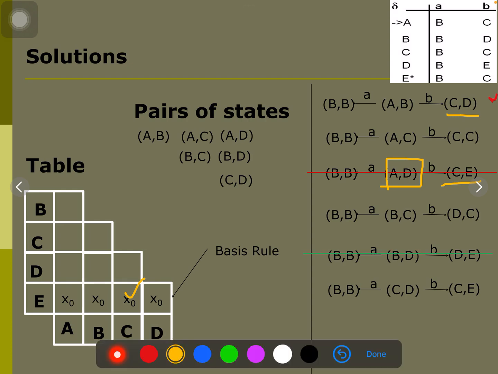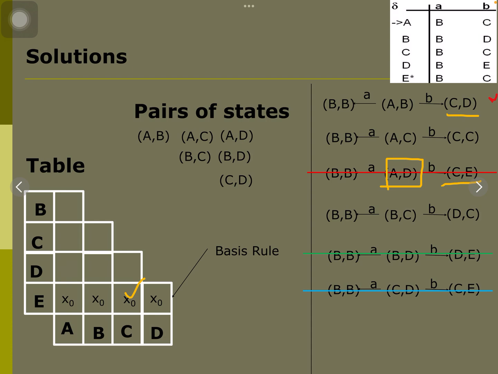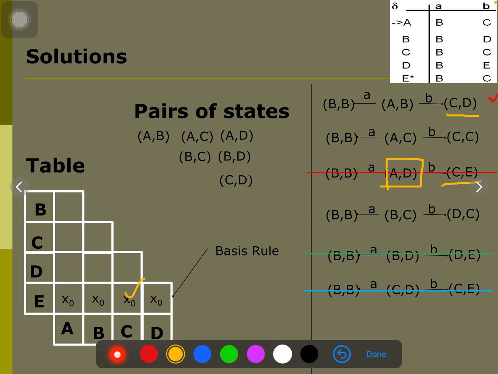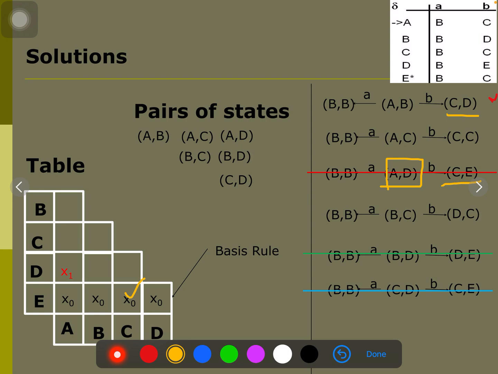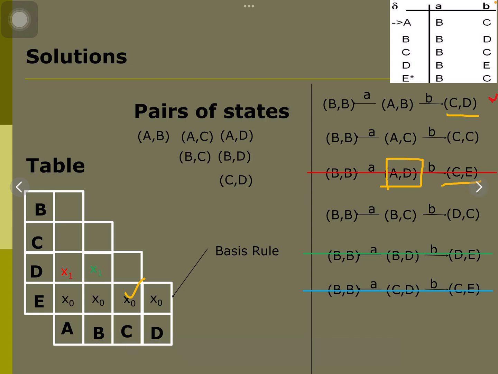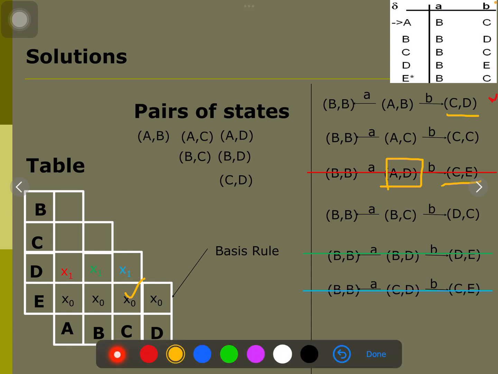Then D is by X1, you have to mark BD. Then C is by X0, then CD is marked by X1. So now AD is marked by X1, BD is marked by X1, and CD is marked by X1. So there is no more state now.